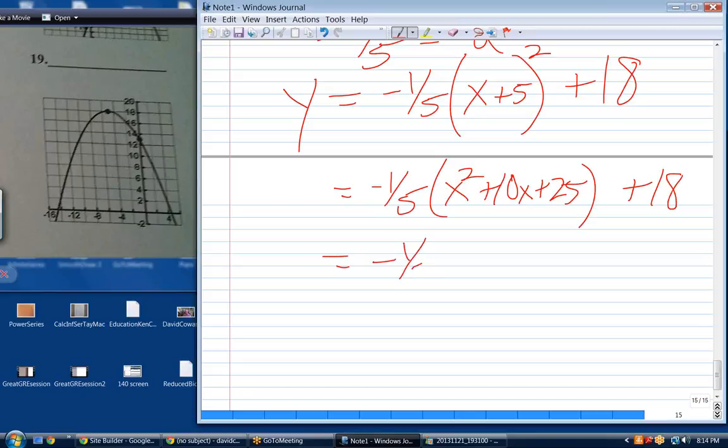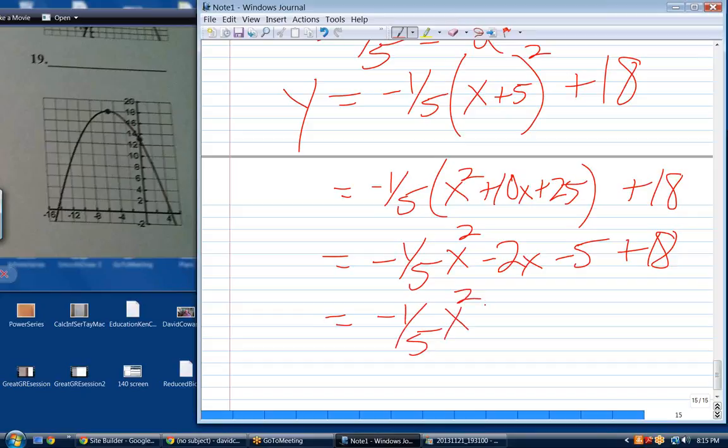And then that would be -1/5 x squared minus 2x minus 5 plus 18. That turns into y equals -1/5 x squared minus 2x plus 13.